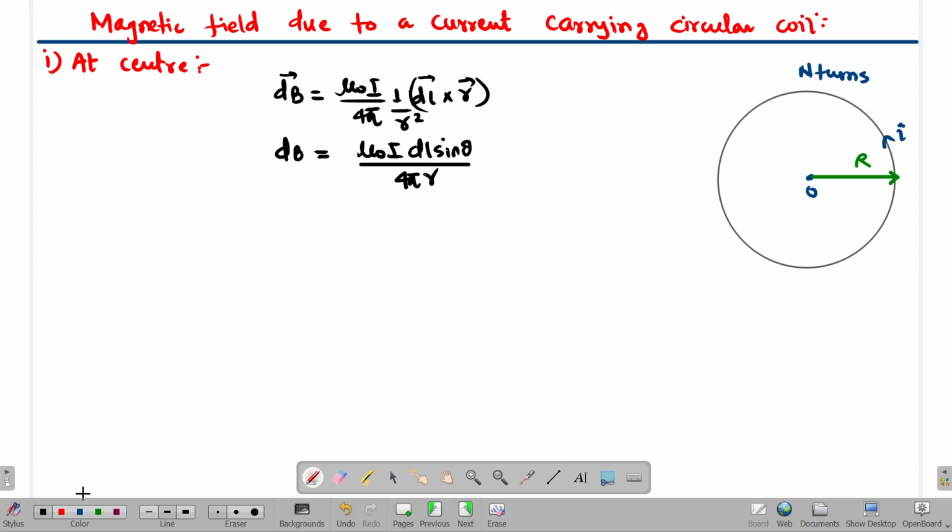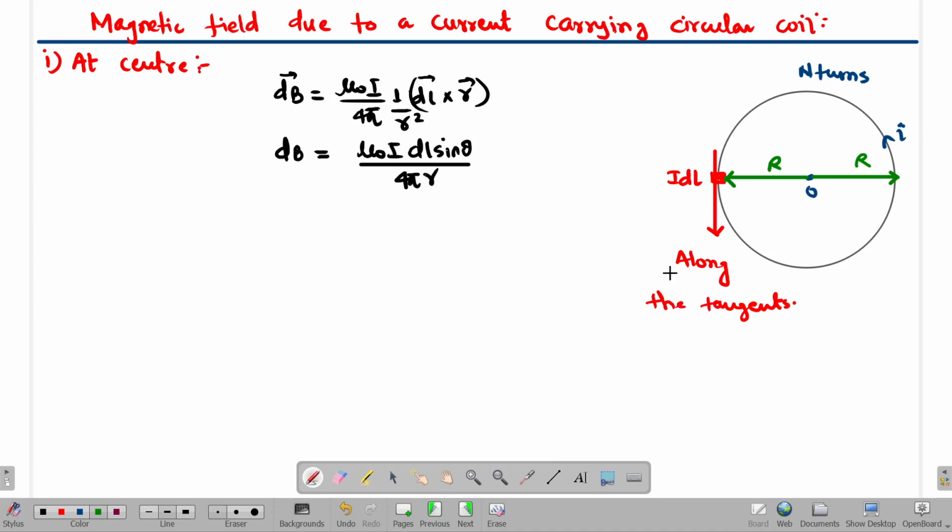Now if you look at any small component dl, its direction is along the tangent. So I dl has a direction along the tangent, and it is always at a distance r from the center of the circle. Are you able to get me or not?